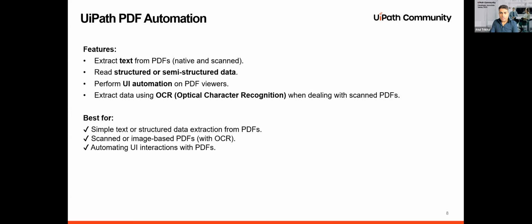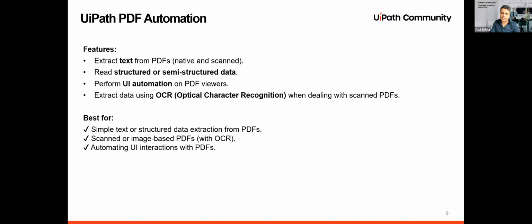So UiPath PDF automation focuses on extracting information directly from PDF documents. It allows us to read text from both native PDFs and scanned PDFs, and we'll cover in a bit what those two are. When the PDF is native, UiPath can read the text directly.